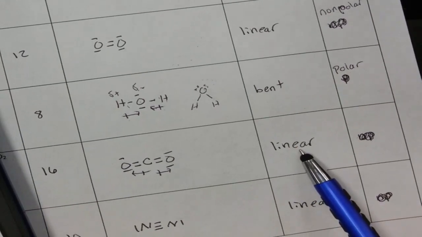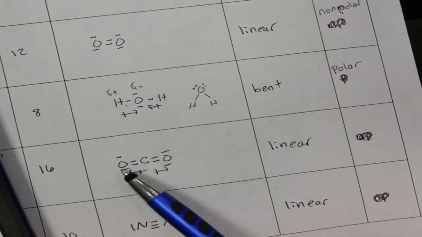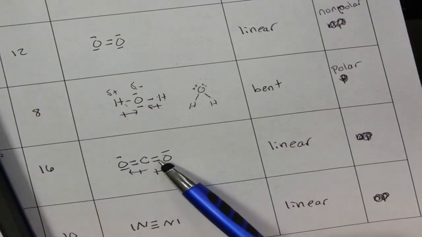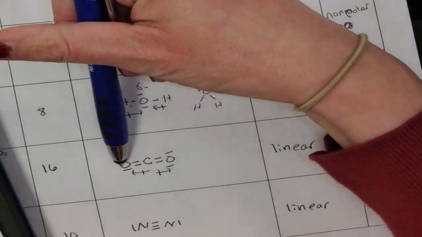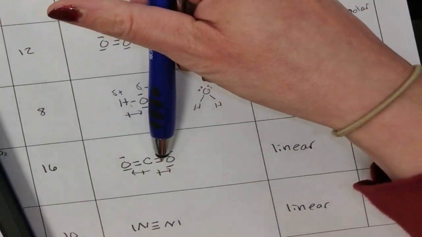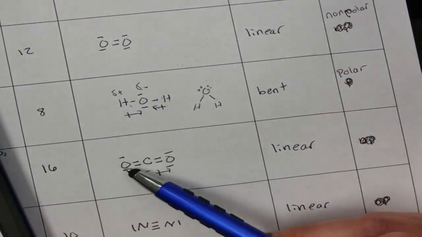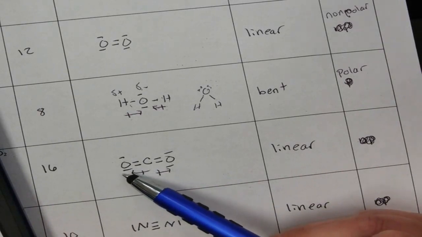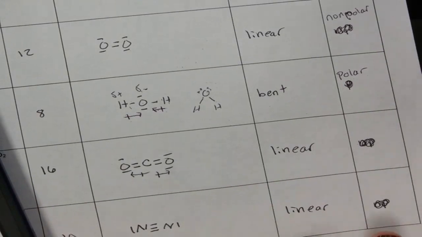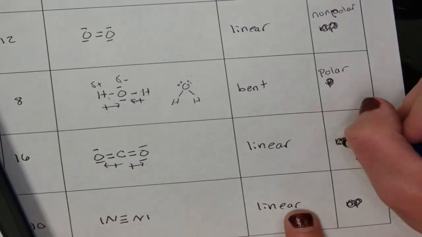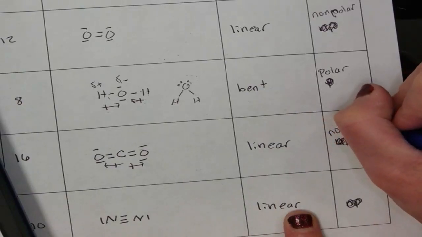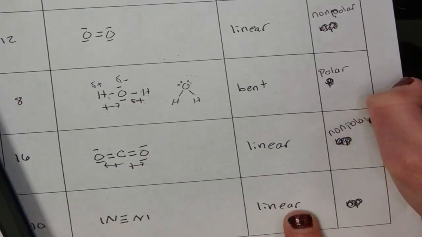However, this structure is linear. These oxygens are in direct line with the carbon. So the pull to the left is equal to the pull to the right because oxygen is the same on both sides. So it's the same pull left as it is right. So overall, carbon dioxide would be nonpolar.